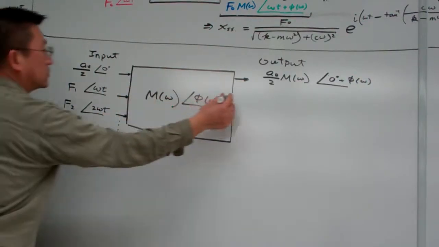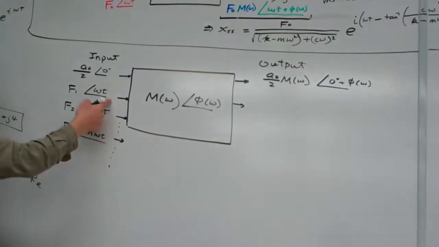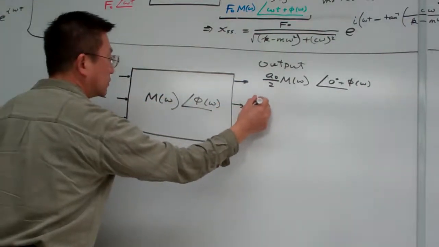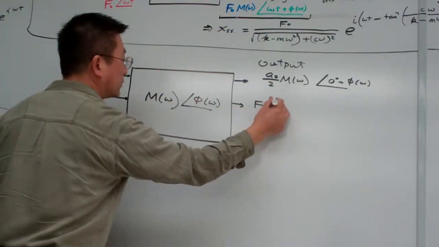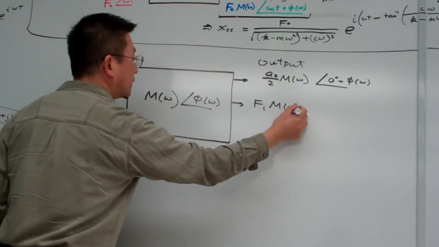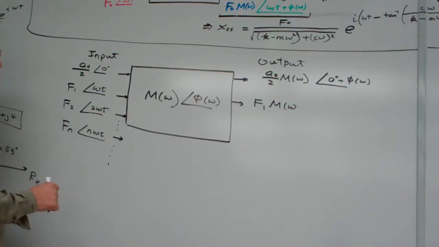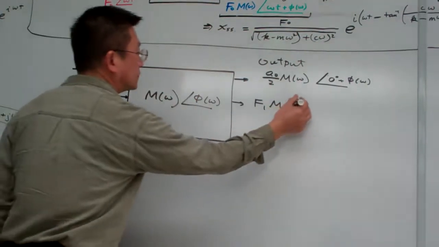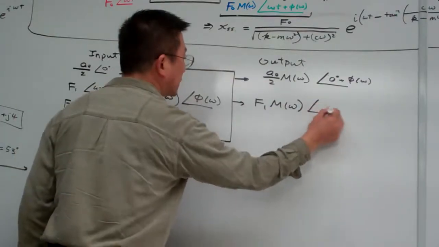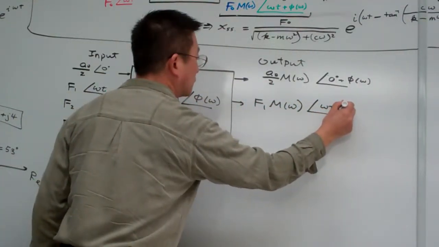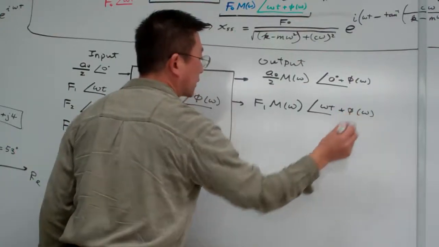For the second component of the input, again the magnitude multiplied together is F1 times M(omega), and then the phase angle is simply omega t plus phi(omega).